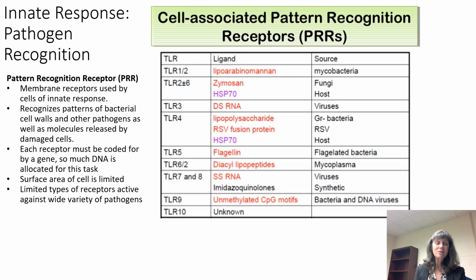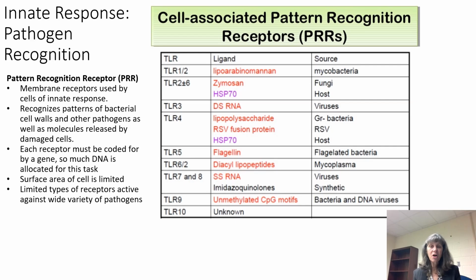But should these cells come in contact with a species of pathogen that they recognize, the cell can bind to the pathogen and initiate phagocytosis or cellular apoptosis, and that can help destroy the pathogen. If we look at this particular chart, what it shows us on the far left is the actual name of the receptor on our cell surface that's going to bind to the ligand on the pathogen, and there are different types of ligands that you see.